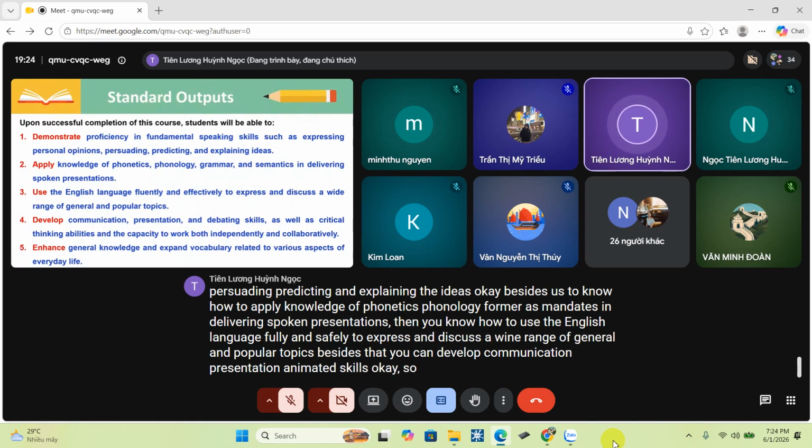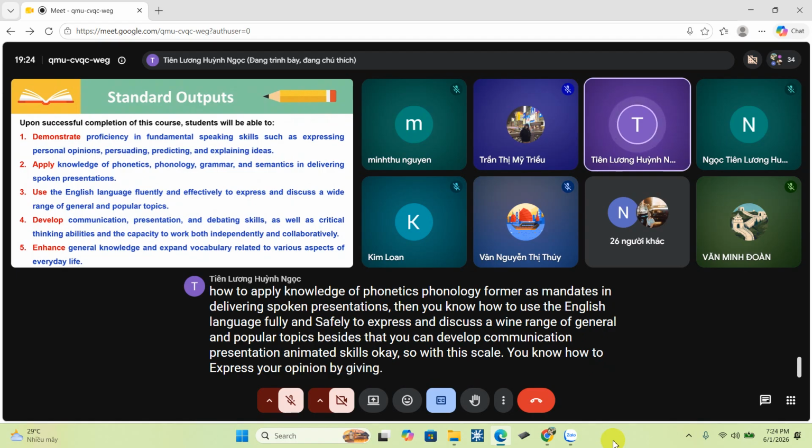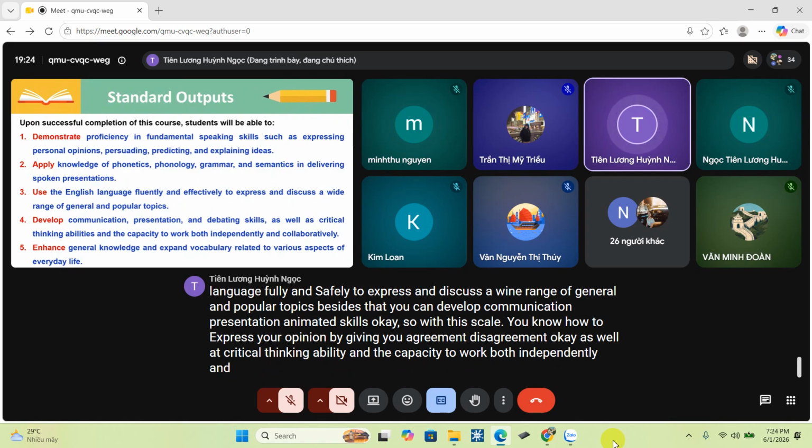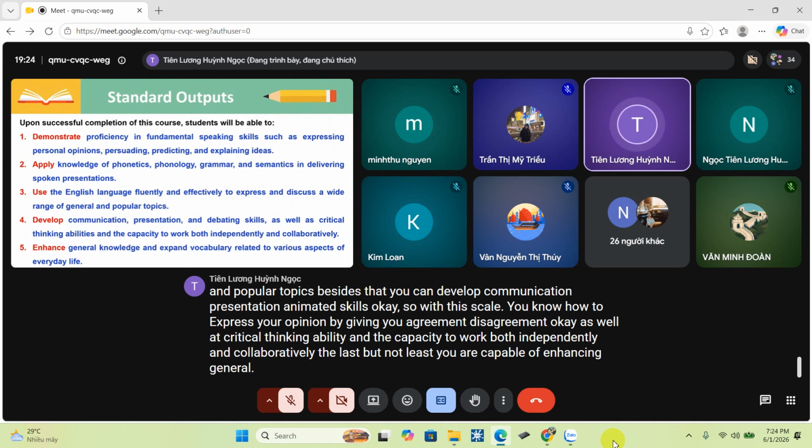With this skill, you know how to express your opinion by giving your agreement and disagreement, as well as critical thinking ability and the capacity to work both independently and collaboratively.